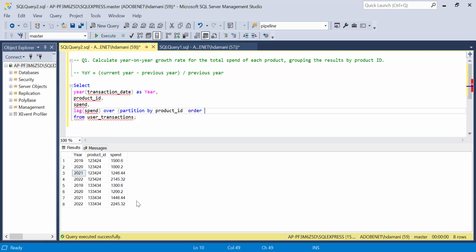Now ORDER BY of what? This spend should be ordered with respect to the year, and of course product ID as well. So I have to order this spend with respect to each product ID and year, from ascending to descending.